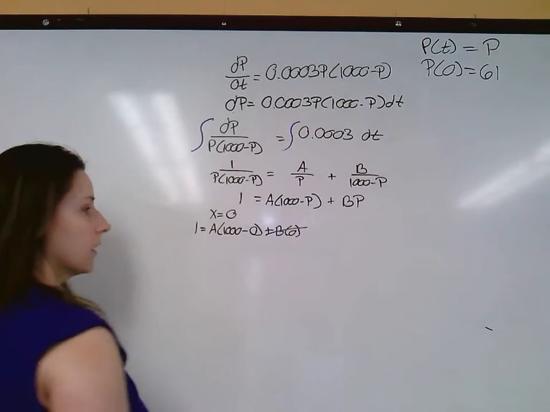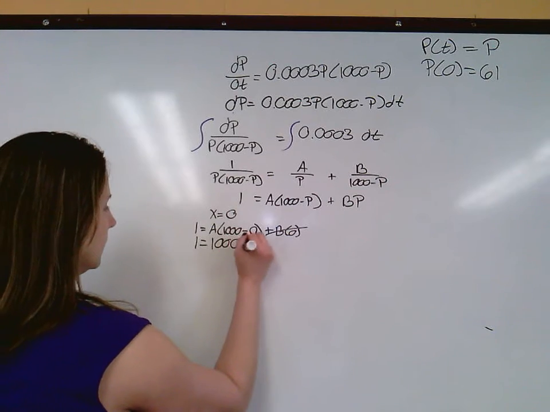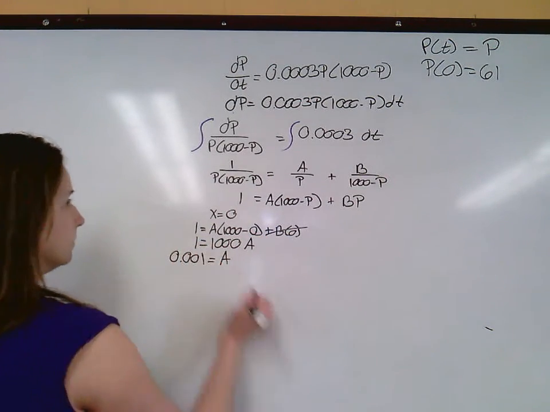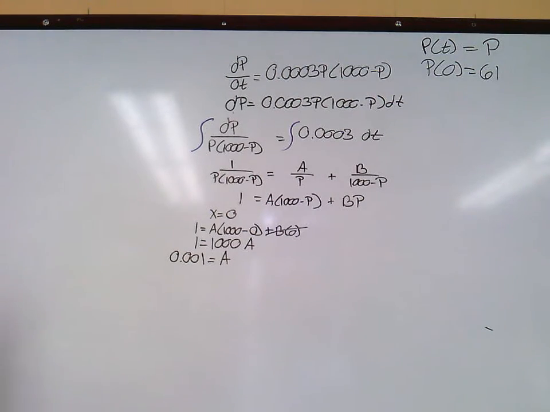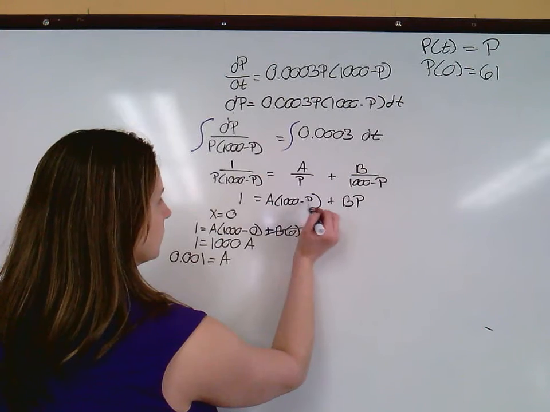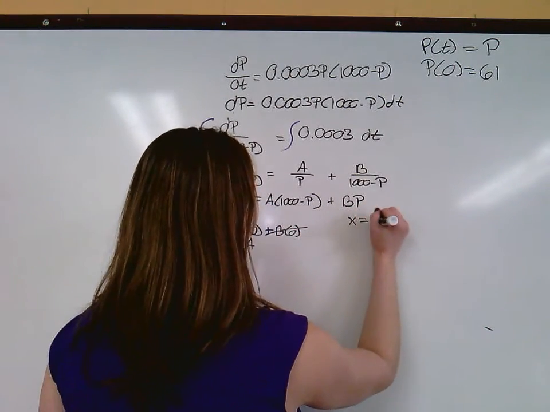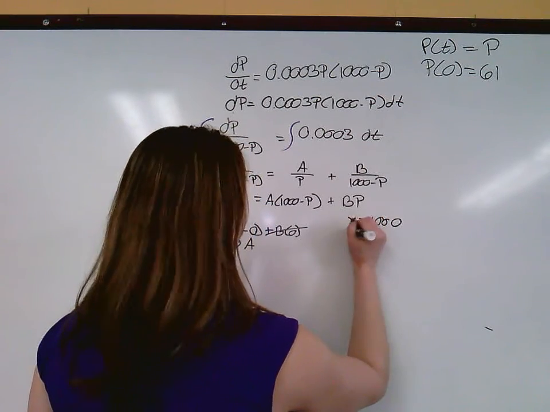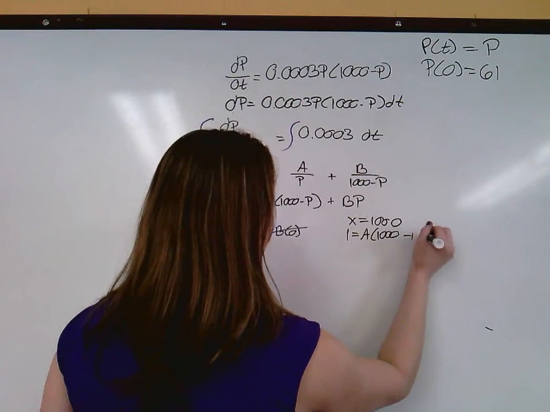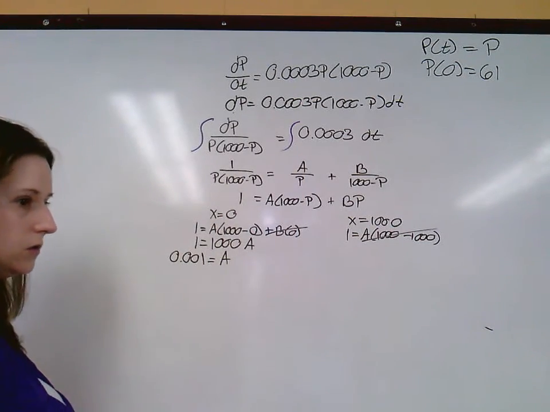Okay, so then you got 1 equals 1,000 A, so A equals 0.001. To find B, I need to make this 0, so P is going to have to be 1,000. So P equals 1,000 to find B, so you got 1 equals A times 1,000 minus 1,000.